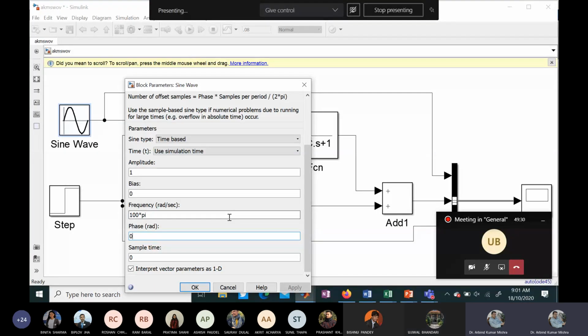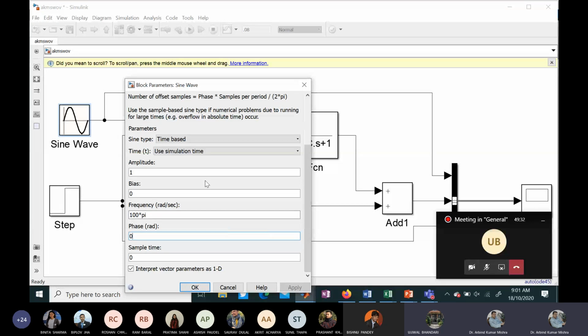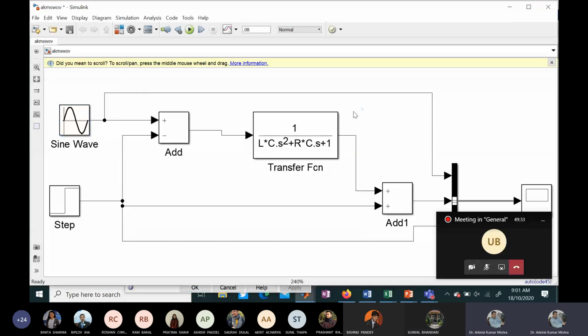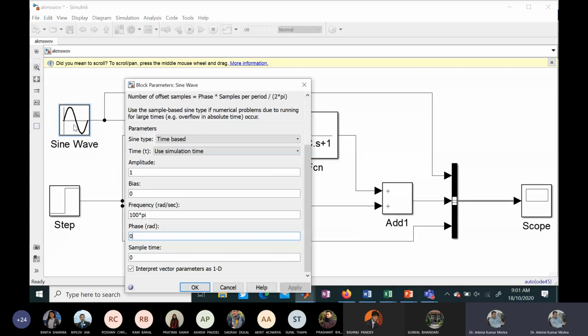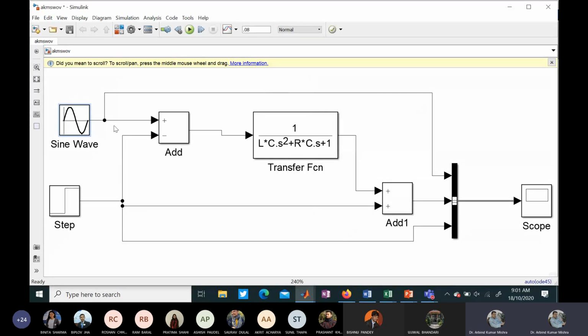Now it is visible. So what I mean is this is your sine wave. Basically, we are interested to see what will happen if the switching instant is changing, and what will happen together with the combination of this trap charge.